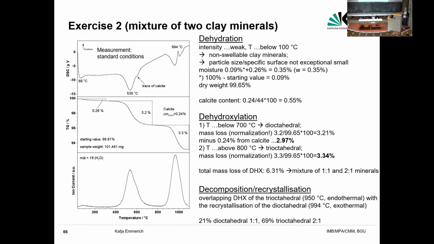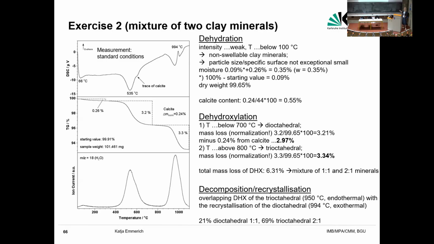Here you see the mass spectrometer curve again of evolved water. And you see you have two dehydroxylation reactions. In this case, we mixed the kaolinite sample with a talc sample. And here, the recrystallization of high temperature phases of the kaolinite is superimposed with the endothermal dehydroxylation of the talc.